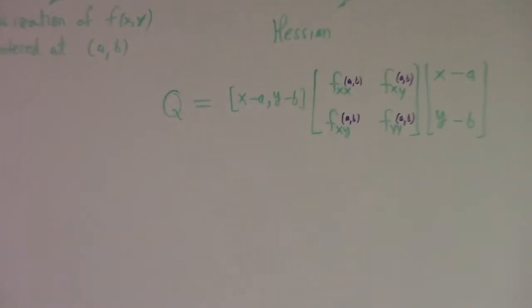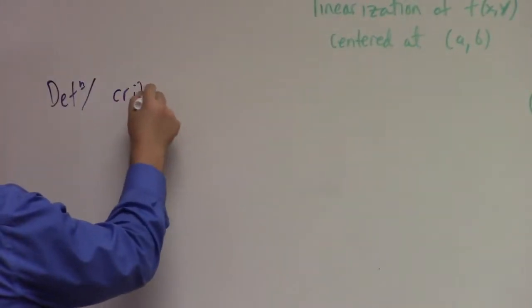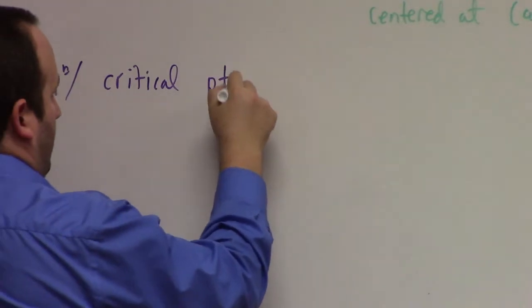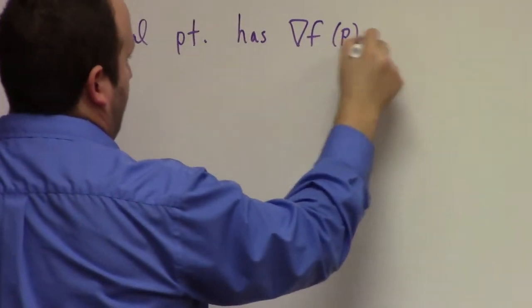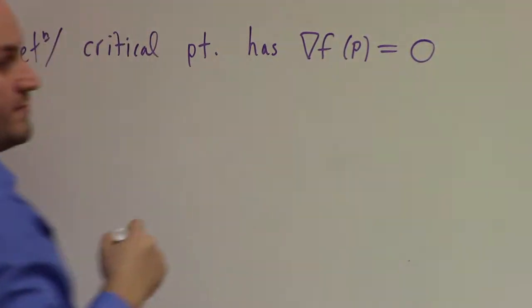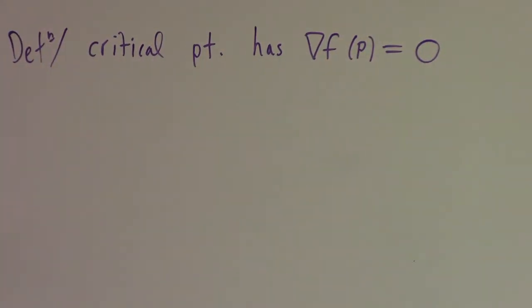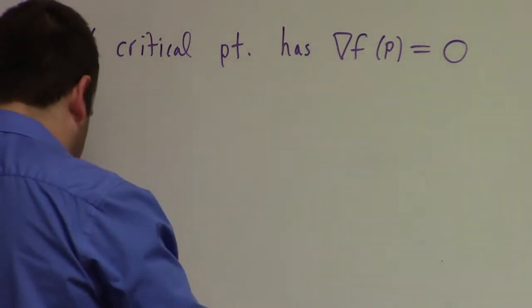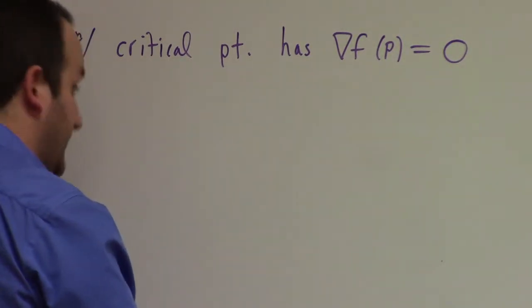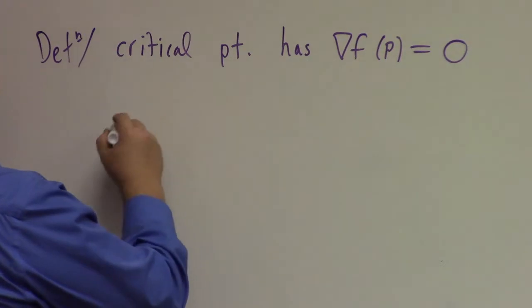So a critical point, by definition, has the gradient of f at that point equal to 0. So look at this. What do we have then at a critical point? How does the function behave?